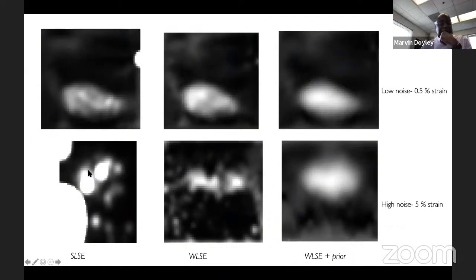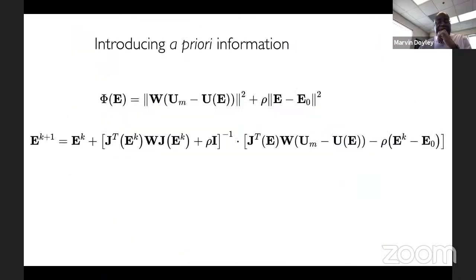If we go to 5%, you can't really recover anything using the standard least squares. With the weighted least squares, you get a little bit here, but most of the image you can't. If you have a weighted least squares plus a prior, you can see it stabilizes things a lot. So what is this prior?